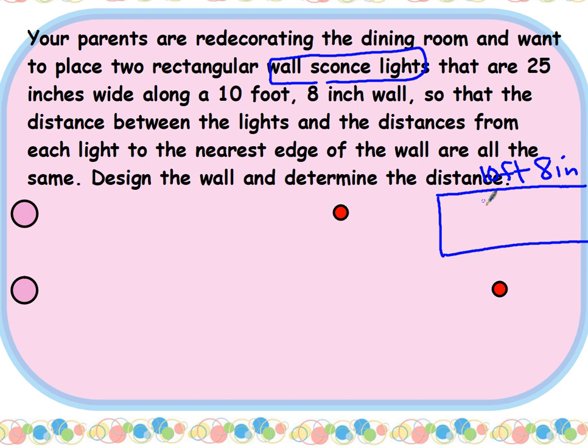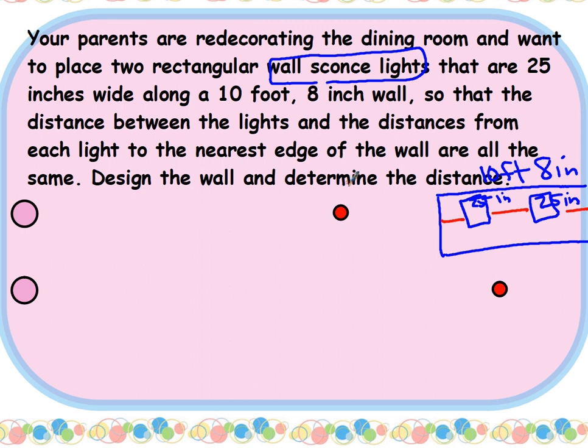So if we have it right here, this is going to be 25 inches, and we have 25 inches again. And we again need to know the distance on either side. So we want to know this, this, and this, and we know that they want to be the same.